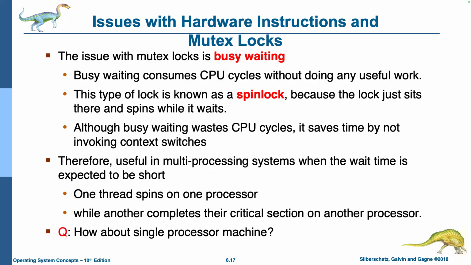Here, one thread spins on one processor. So the best case is that the number of threads does not exceed the CPU cores, so another thread can complete the critical section.